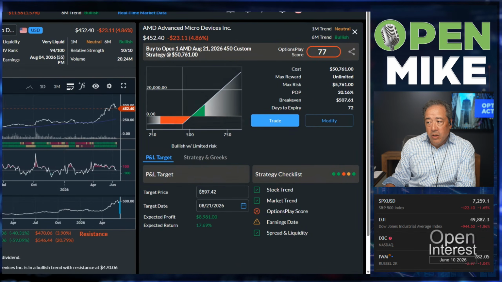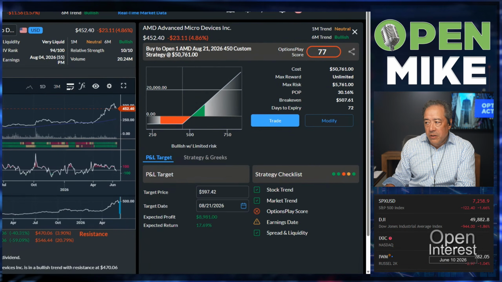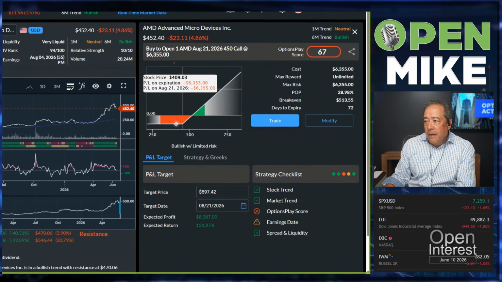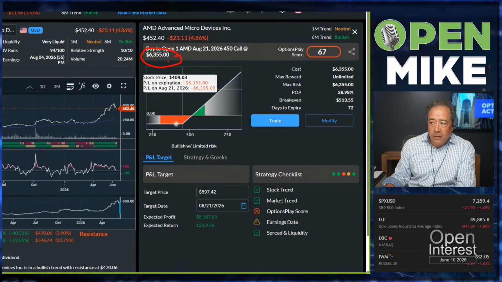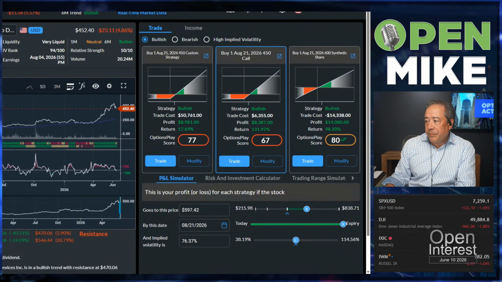But if I buy the August 450 put and I buy the stock, I have an outlay of $50,700. If I simply buy the call, I have an outlay of $6,300. Because I could own treasuries for the difference, this price has to reflect that difference, right?